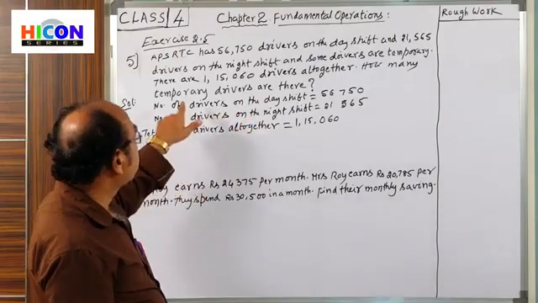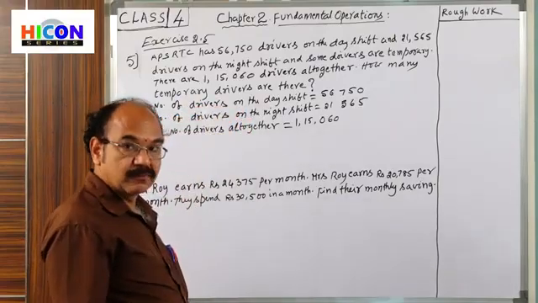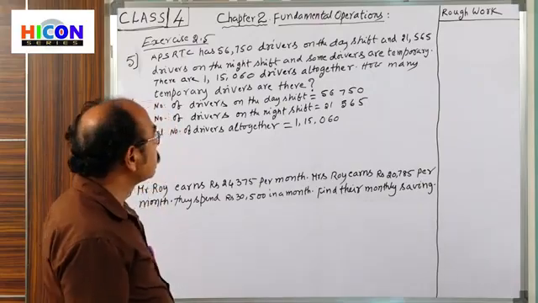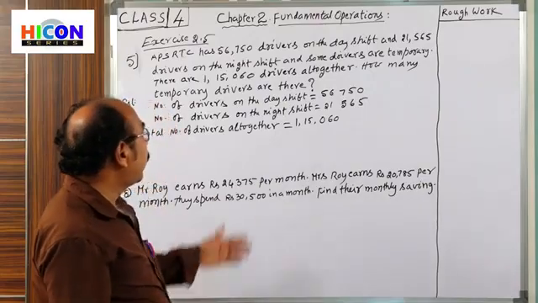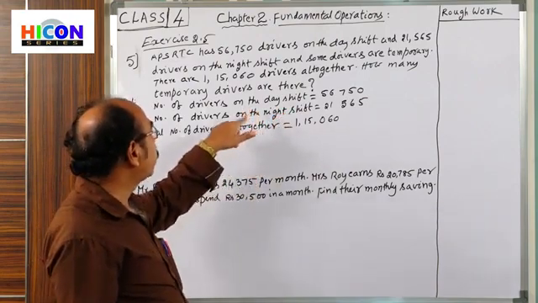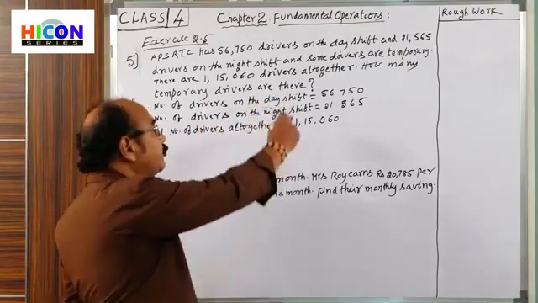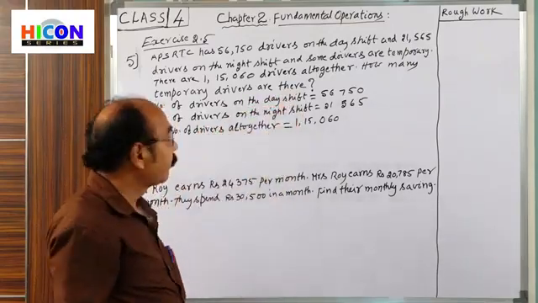What is the question here? Temporary drivers. How many temporary drivers are there? How can you find? First of all, you do one thing. Day shift drivers and night shift drivers. Add these two.